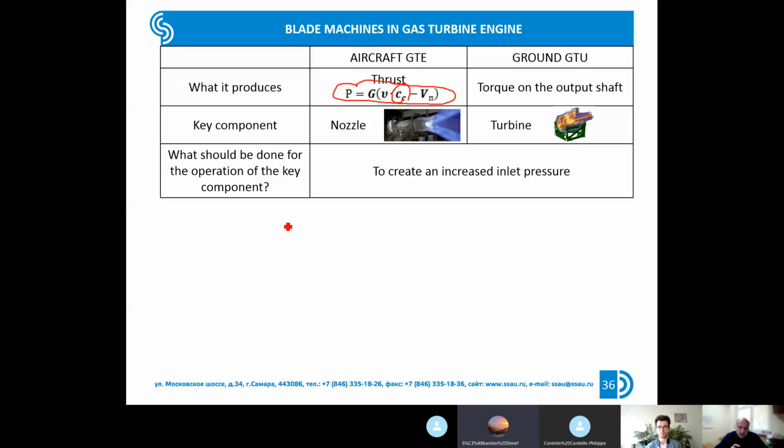What unit could help us create a high-speed jet? The combustion chamber? Good try, but I don't agree with you. For example, in your kitchen you have a combustor, but it doesn't provide a high-speed jet. It only combusts. What else?